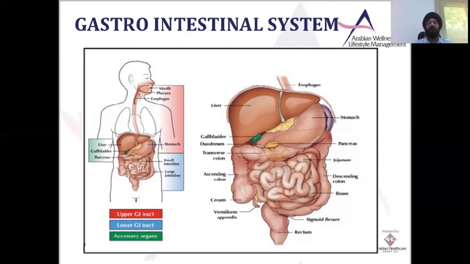The oral cavity of the GI tract includes teeth, tongue, salivary glands, whereas the inner side of the body has liver, gallbladder, pancreas. These are the glands, organs, viscera, which are responsible for various functions.